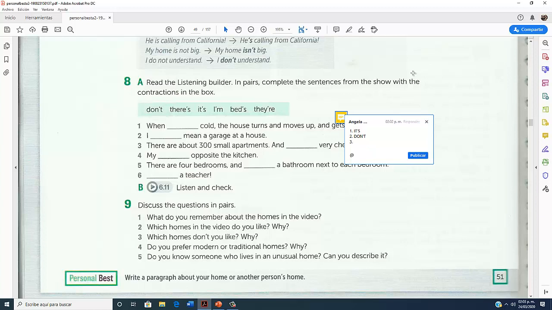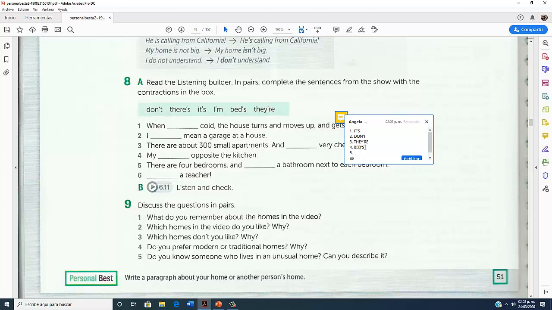There are about 300 small apartments and they are very cheap because you are referring to the apartments. You are talking about the apartments. Number 4, my opposite the kitchen. My bed's opposite the kitchen. Here's the contraction of my bed is in front of the kitchen.